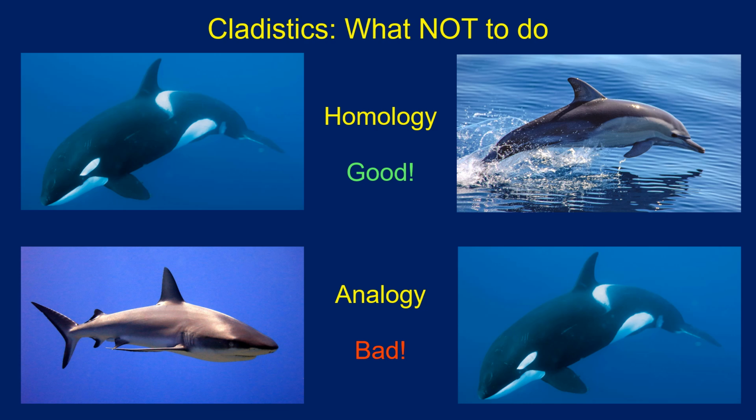So the ancestor of the killer whale, the ancestor of the dolphin, they were both mammals, so they had those mammalian traits. So we don't want to go by the shape in this case. We want to go by those traits that are shared because of a common ancestor.